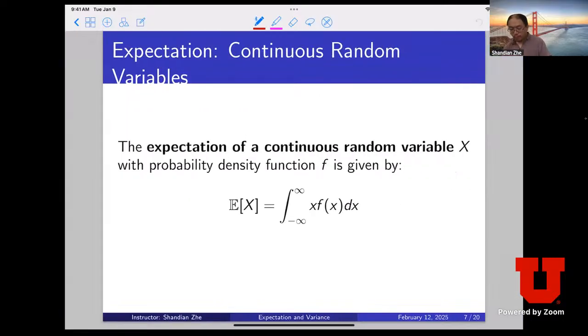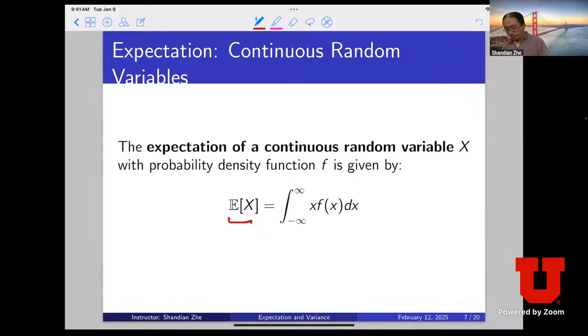Okay. So that covers the discrete random variables. Now let us talk about continuous random variables. For a continuous random variable, it is not meaningful to talk about the probability that the random variable X takes a particular value, because that probability reduces to 0. So when we calculate the expectation, we need the help of the PDF.